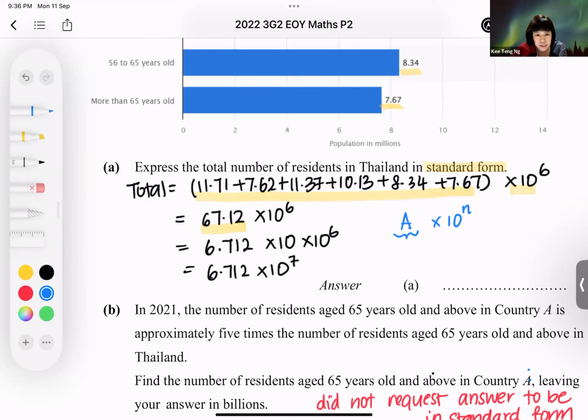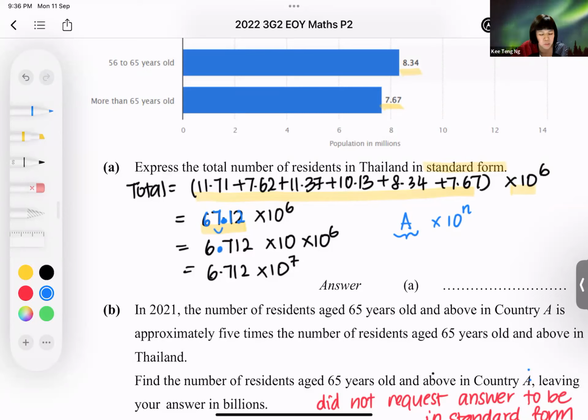So in this case, I got 67.12. I need to shift this decimal place such that it becomes a number that is smaller than 10.